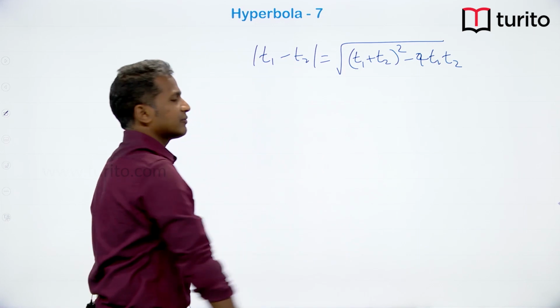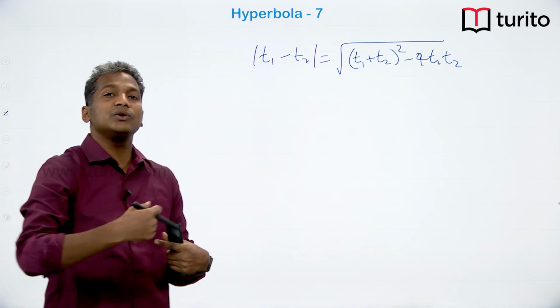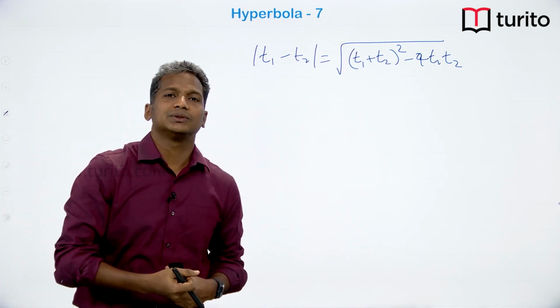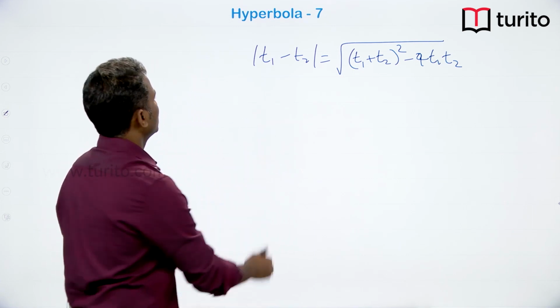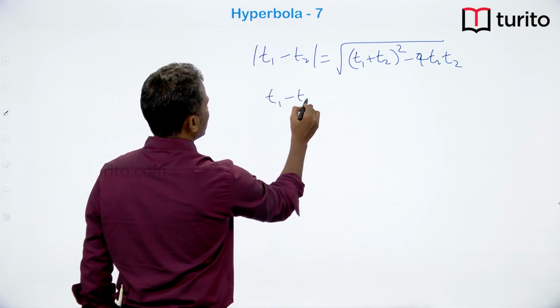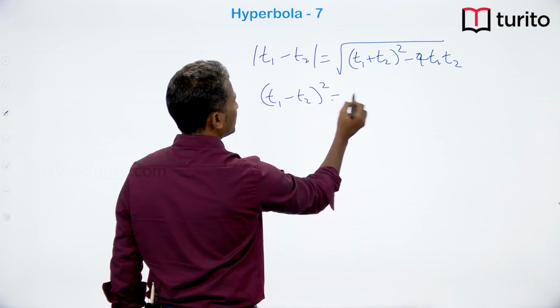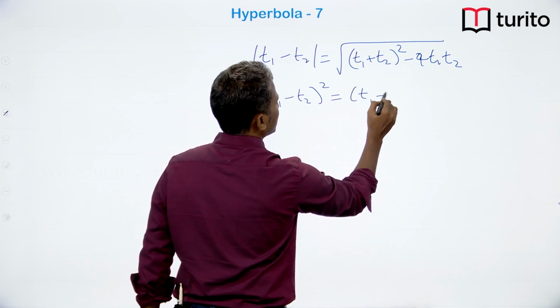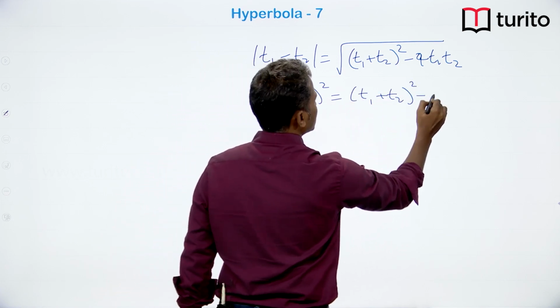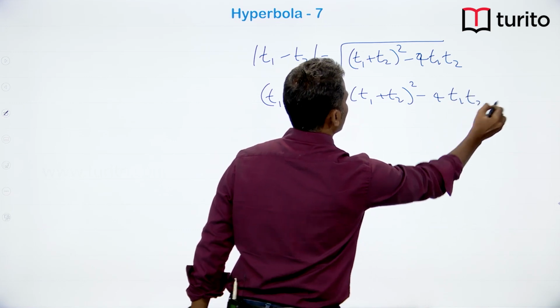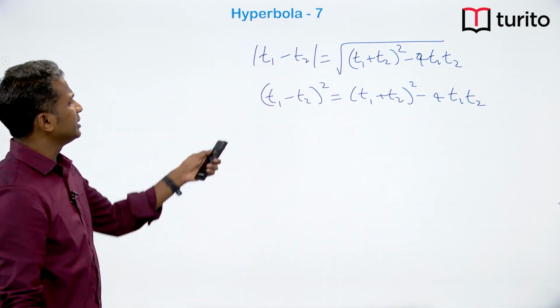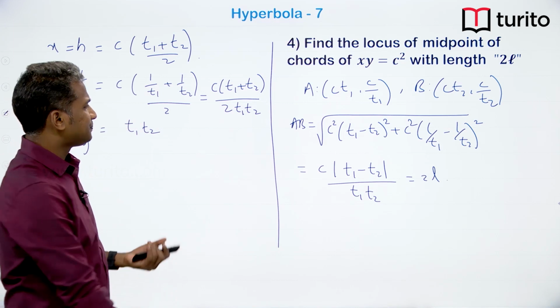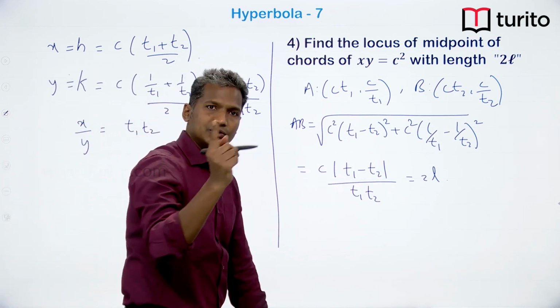Because there is a square root involved, and in a locus we do not want square roots, we have to get rid of the square root. So you have to go for (t1 minus t2) square only, which becomes (t1 plus t2) whole square minus 4 t1 t2. So here we may have to square it.